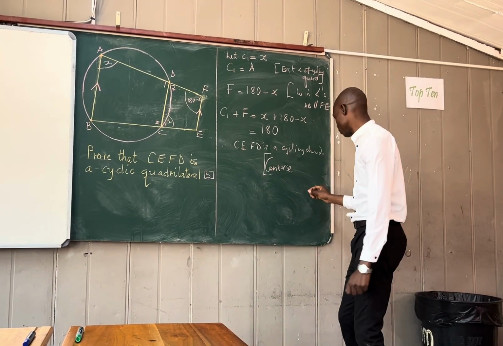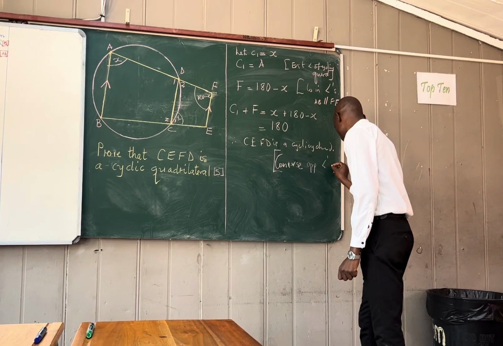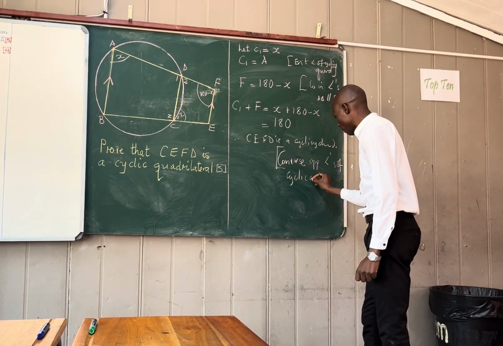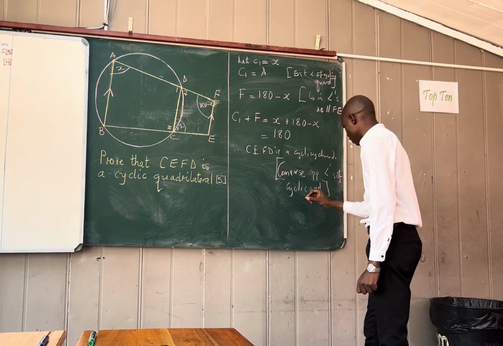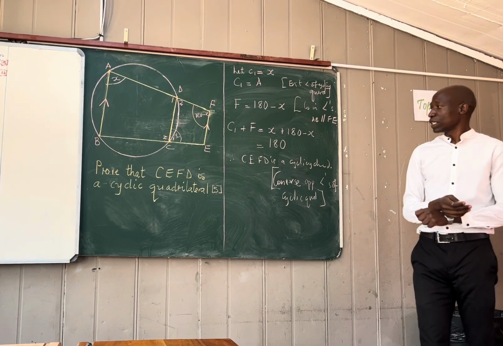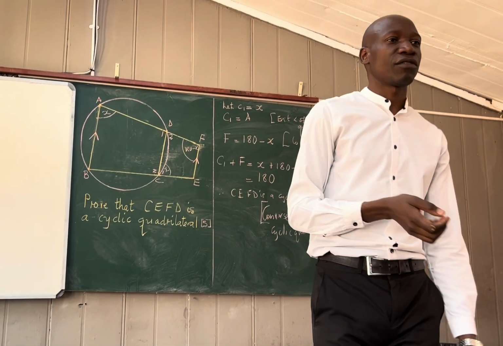So converse, opposite angles of a cyclic quad. And then you have proved that ABCD is a cyclic quad as well as CEFD. Okay, thank you.